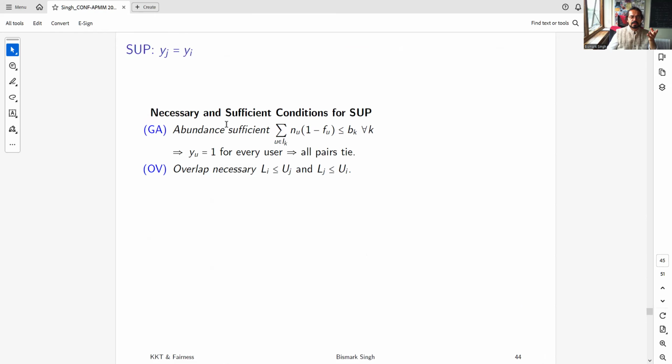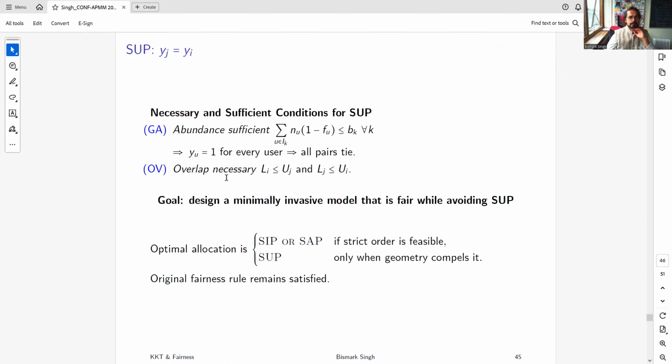The second necessary condition is that you must have some overlap between the two user amounts. The lower level better be less than the upper level of the other users. Otherwise you cannot get rid of the notion of unclear priority.